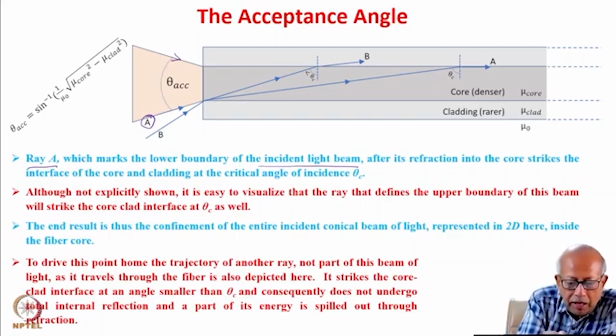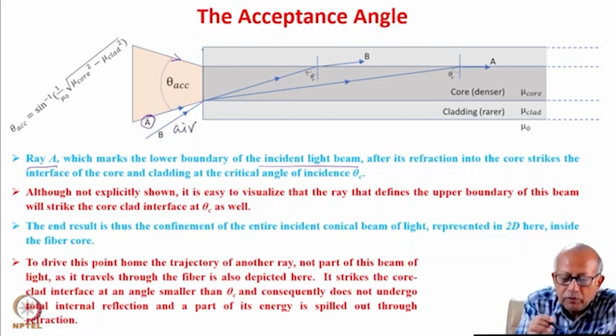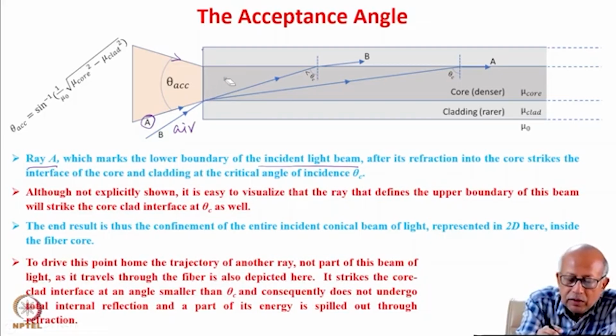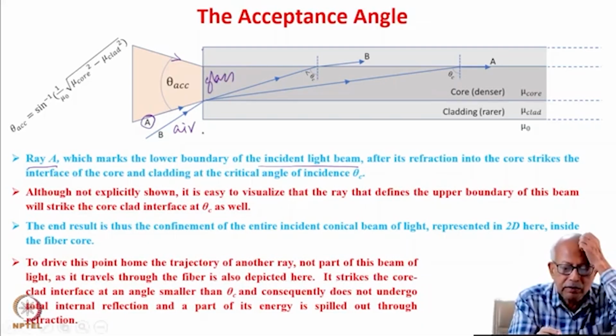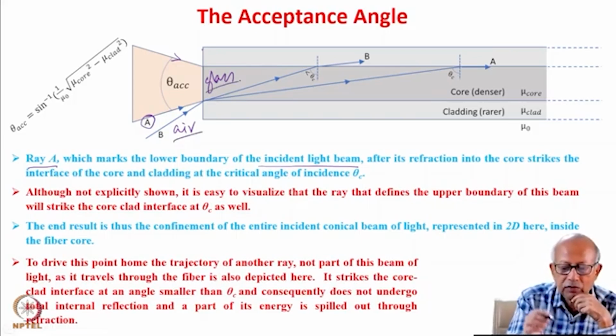Now, this beam strikes this interface. This interface is actually between air, usually, and the fiber. So this is the core, that is the glass. If it is a glass core, so this is glass. So this beam actually strikes this air-glass interface.